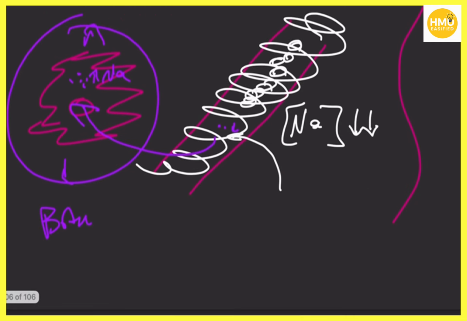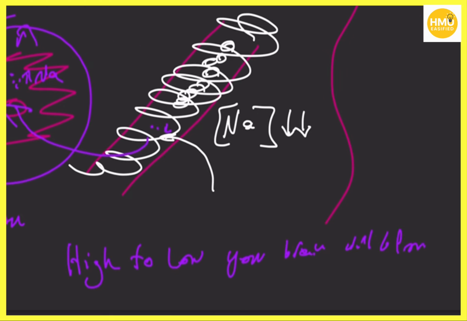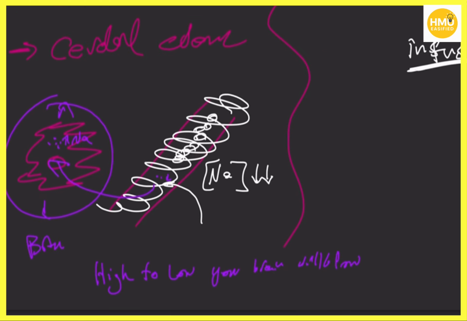I like to memorize it as: high to low, your brain will blow. So what I mean is when you fix the high osmolality to low, your brain will blow. From low to high, your brain will die. Obviously, this is a completely different thing, but high to low, your brain will blow.